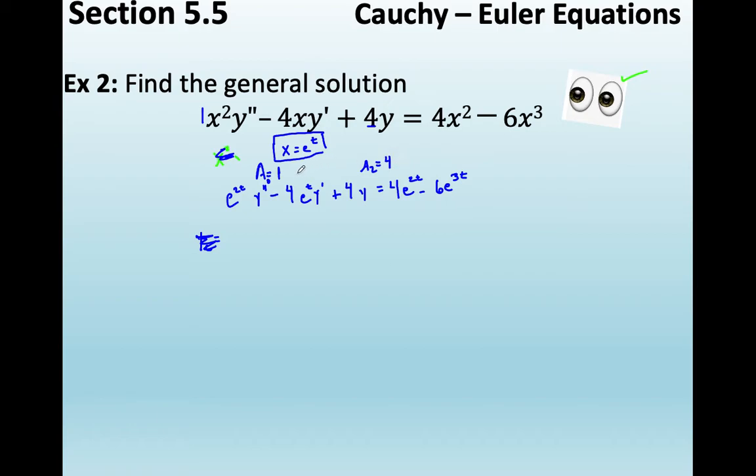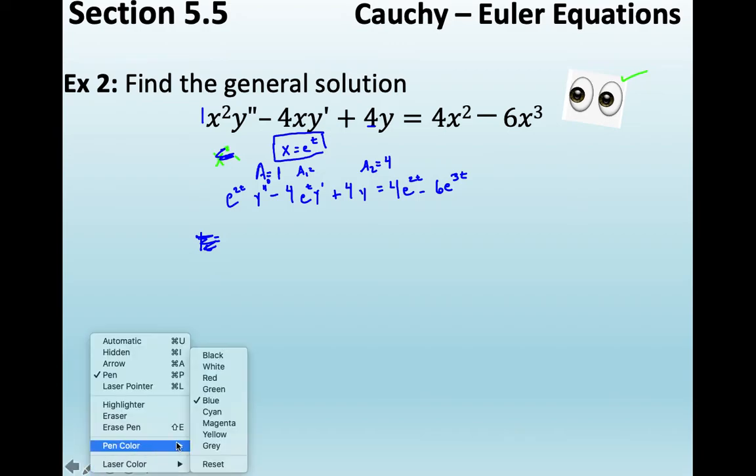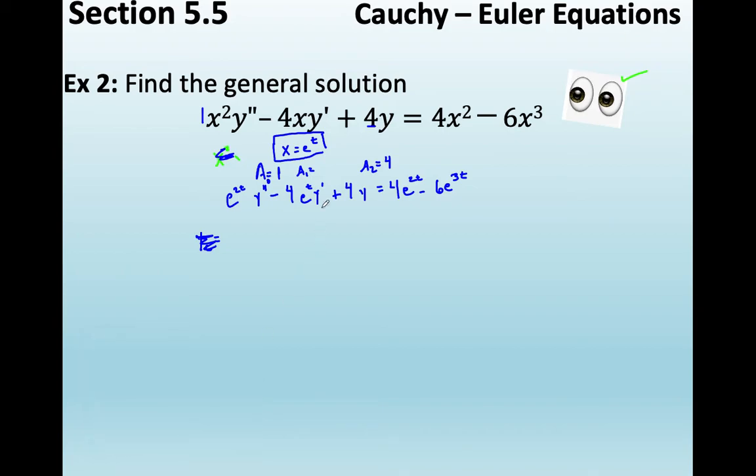But what is A sub 1? Right, A sub 1 is not just here, it's negative 4 minus 1. Are you okay with that?